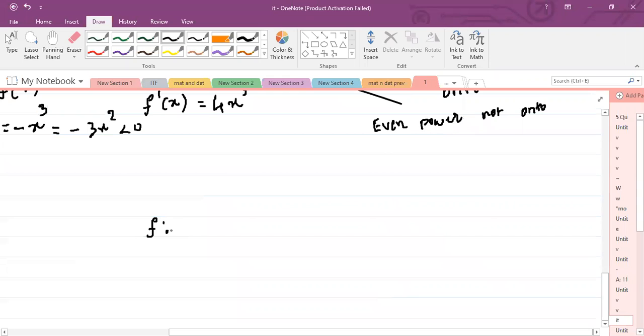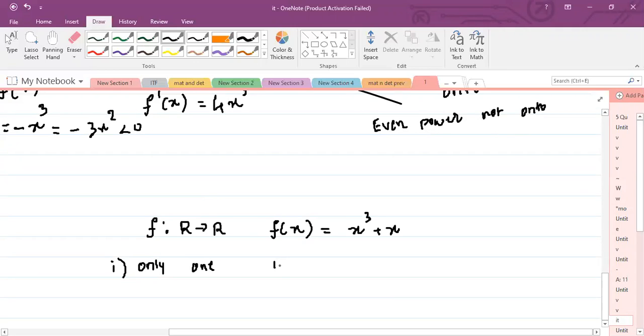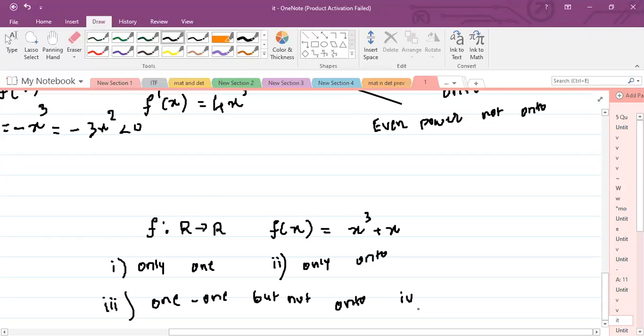A function f from R to R given by f of x is equal to x cube plus x is: option A, only one-one; option B, only onto; option C, one-one but not onto; option D, bijective.